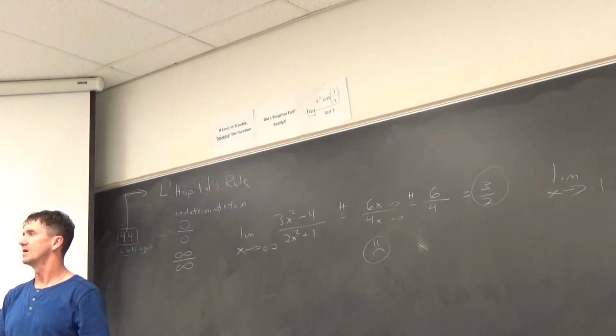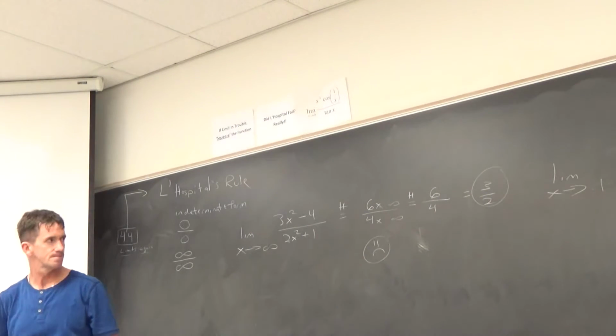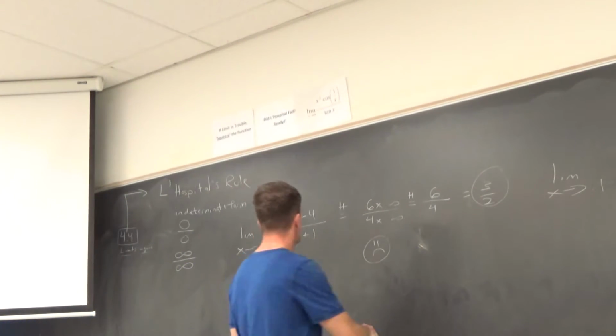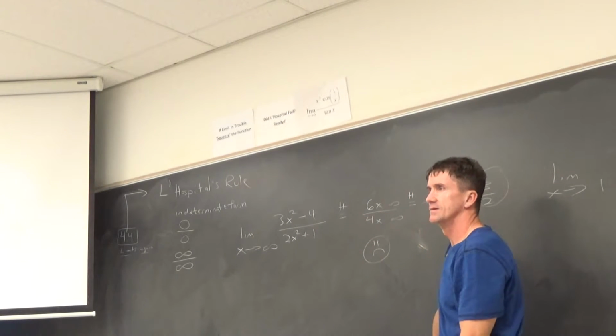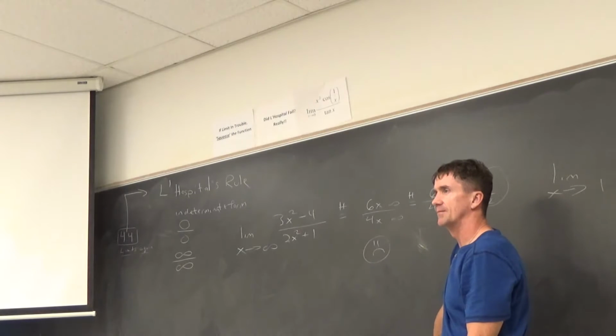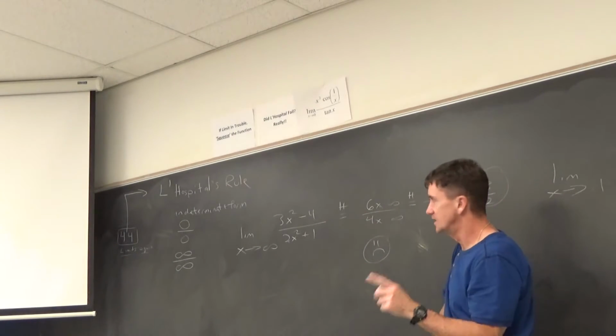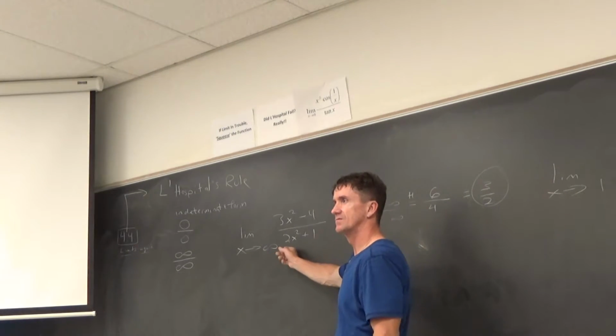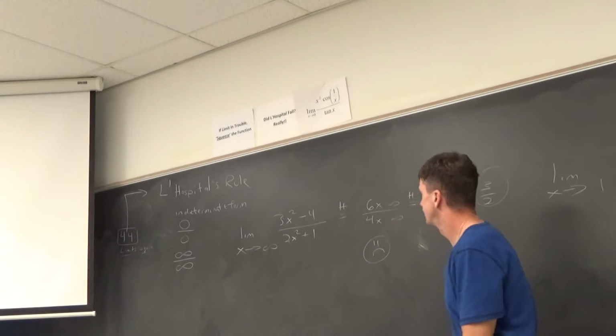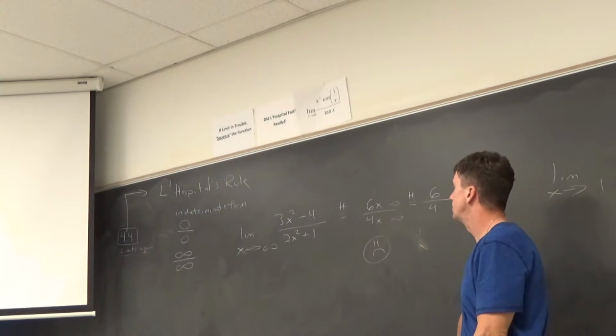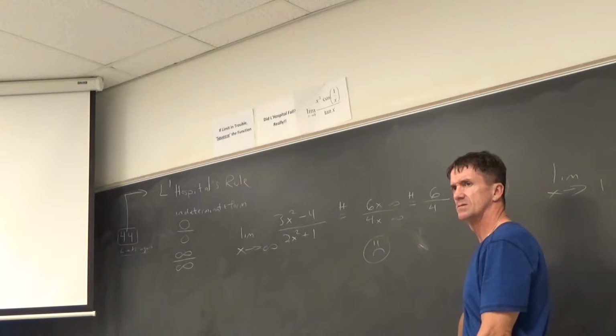Shouldn't you put the limit symbol out in front of 6x over 4x? You can definitely do that. I think it's a great idea if you always want to write that limit expression each time, because eventually we're going to substitute this value here. You got it. Great call.